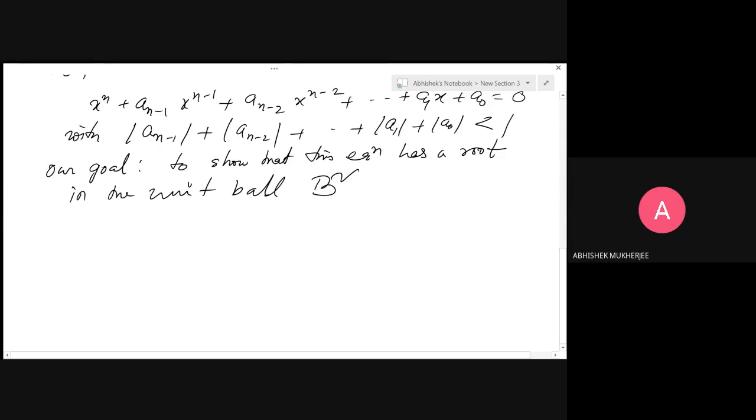And with this assumption, so if possible, let us assume that it has no such root.